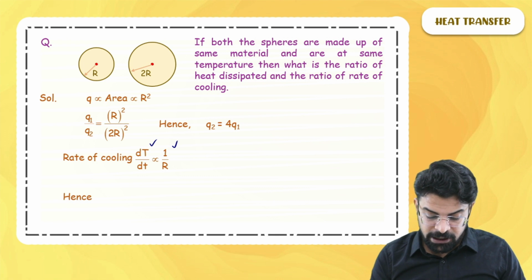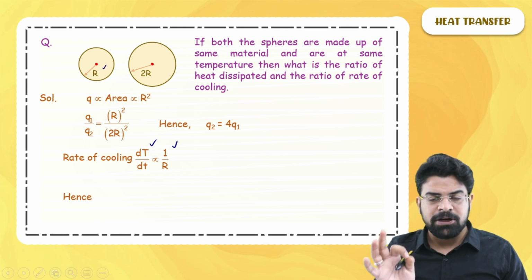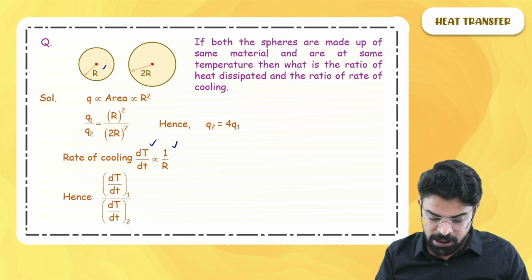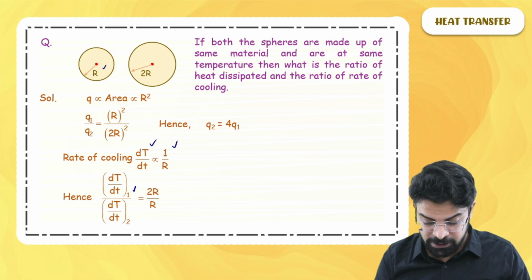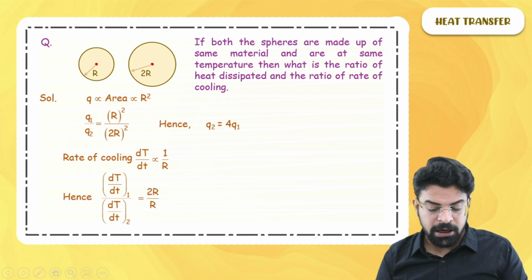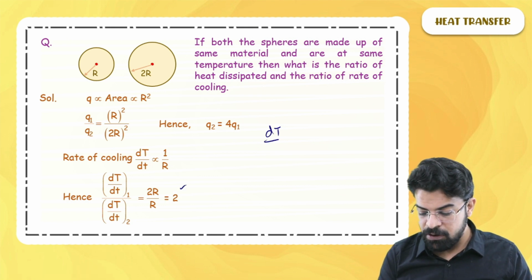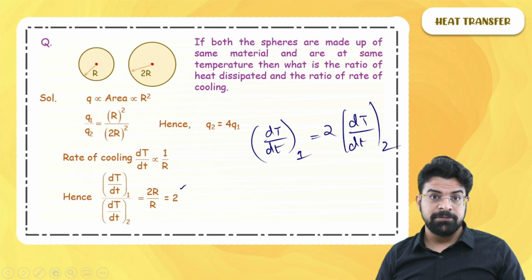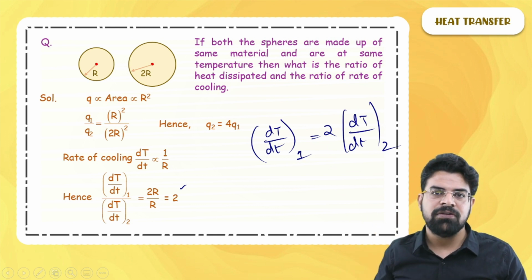So the rate of change of temperature of the first object upon the rate of change of temperature of the second object equals r2 by r1, which is 2r by r. Cancel out r, and on the right hand side you get 2. Hence the rate of cooling of the first object is 2 times the rate of cooling of the second object.